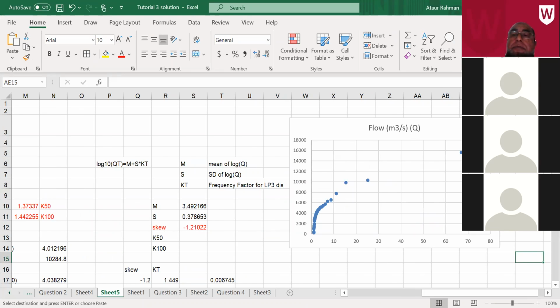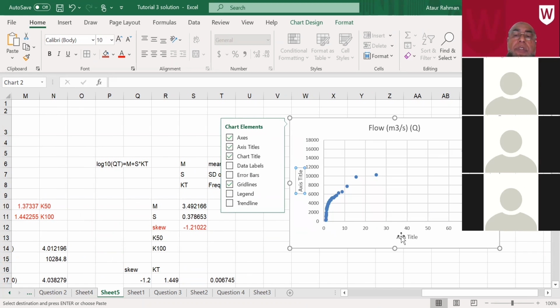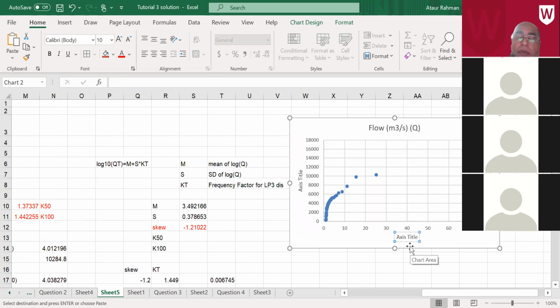So you have to create an axis title. In the x-axis, it will be return period T here.